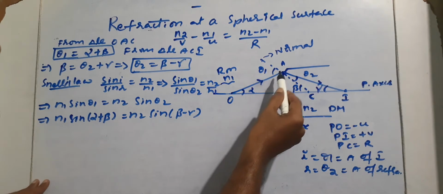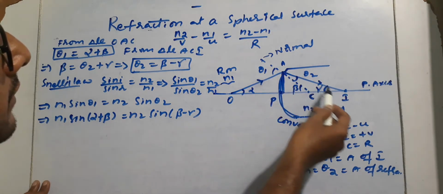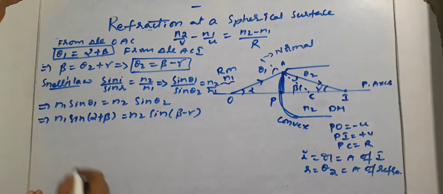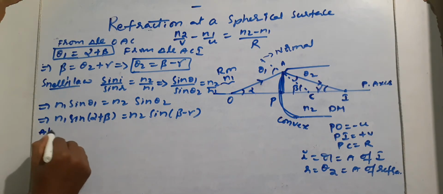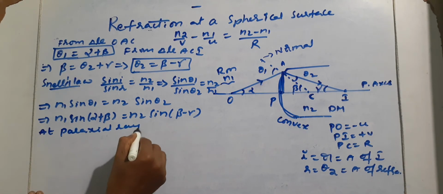In such cases the incident ray and the refracted ray are called paraxial rays.